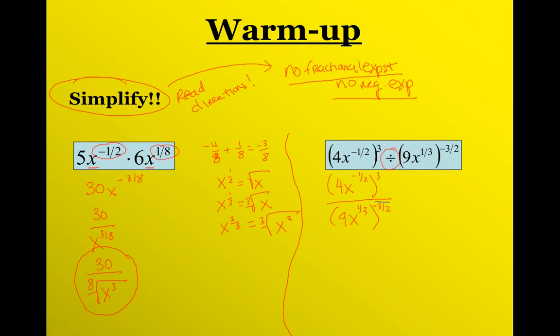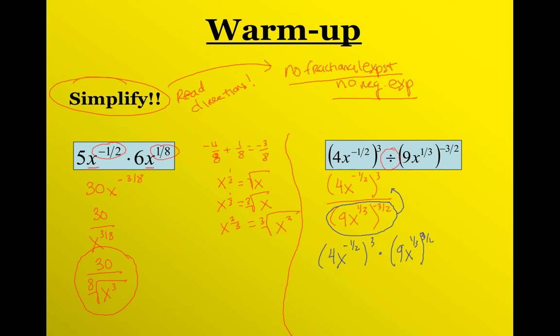So I can take this entire thing and move it up to the numerator, and then it becomes a positive power, right? So I have 4x to the negative 1/2 cubed times 9x to the 1/3 to the positive 3/2. And now I no longer have that negative exponent there.